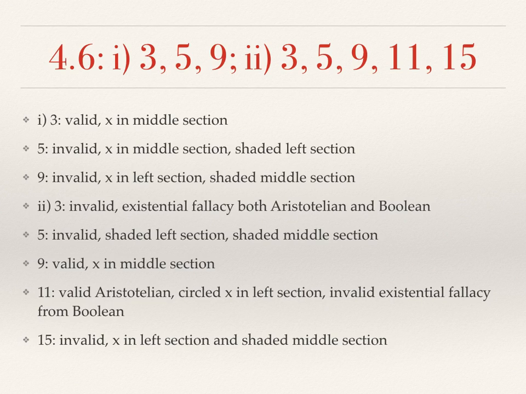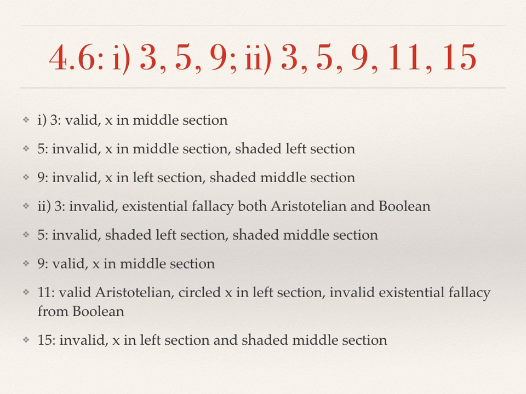Number 11, it's valid from the Aristotelian perspective, since we do have gardens that feature skunk weed. That is something that exists. So since that exists, it's valid from the Aristotelian point of view, but it commits the existential fallacy from the Boolean standpoint.